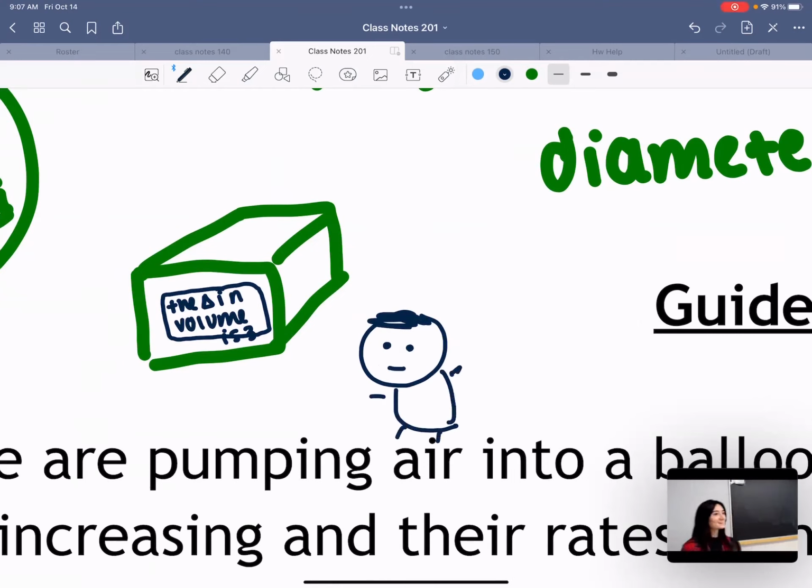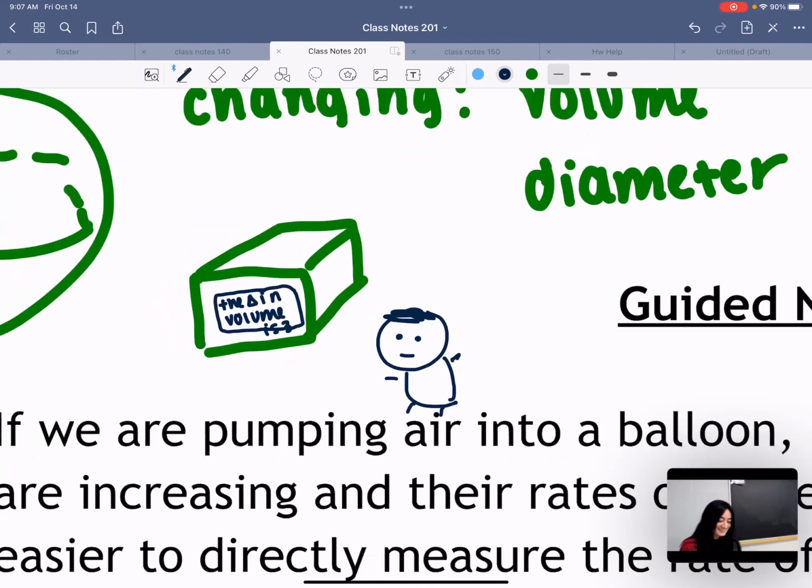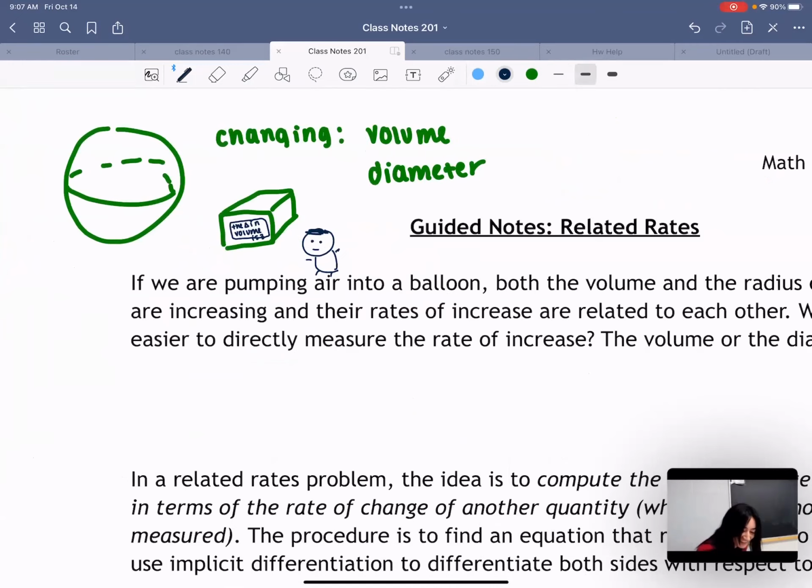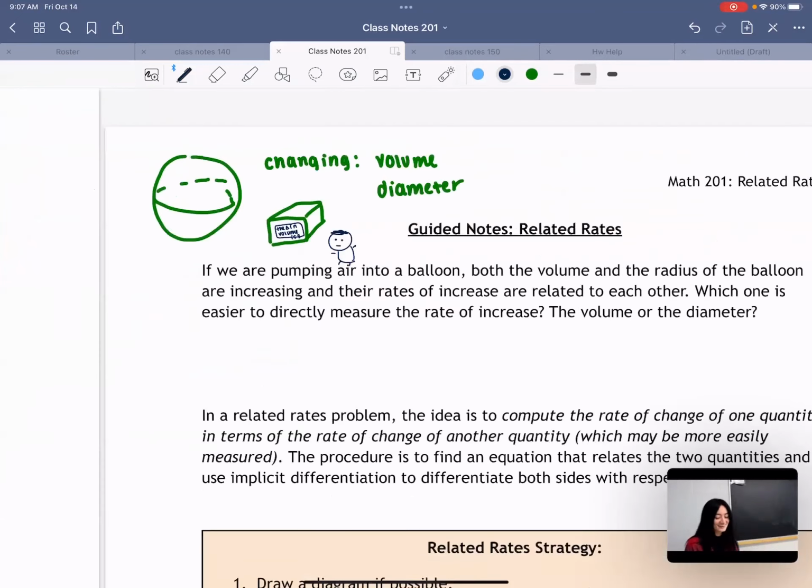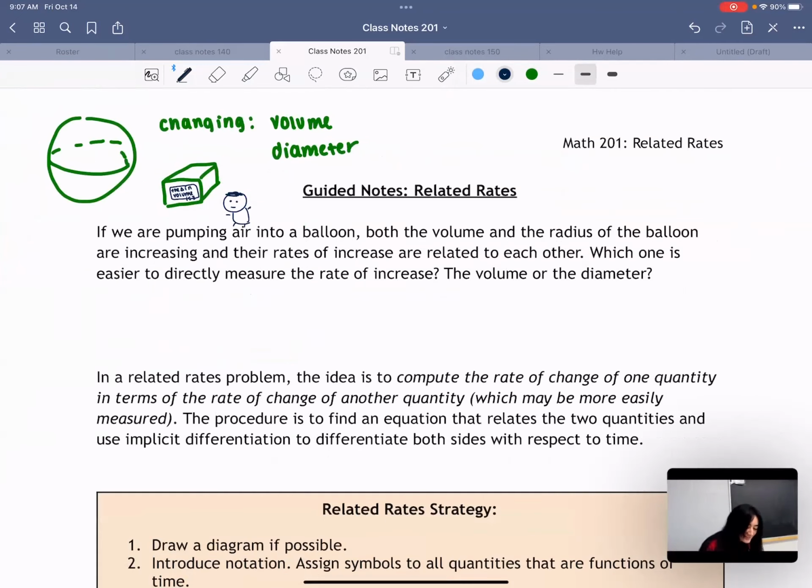Now Jude has seen the change in the volume, and we can all agree that we know how fast that the volume is changing.